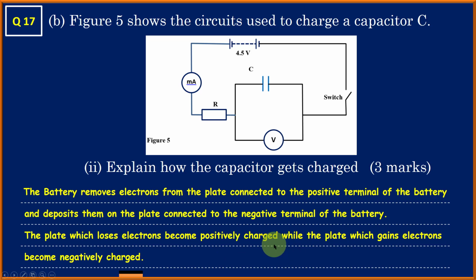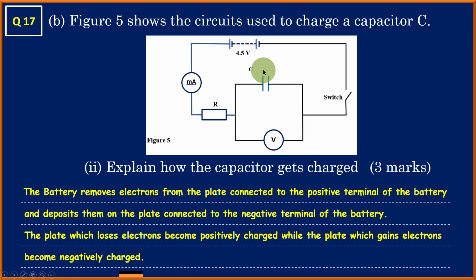Part 2 of B, explain how the capacitor gets charged. Of course, I've given a detailed explanation here. It's quite obvious that this plate here is connected to the positive side of the battery. What the battery does is that it removes electrons from this plate, and the same battery deposits the same electrons onto the other plate.